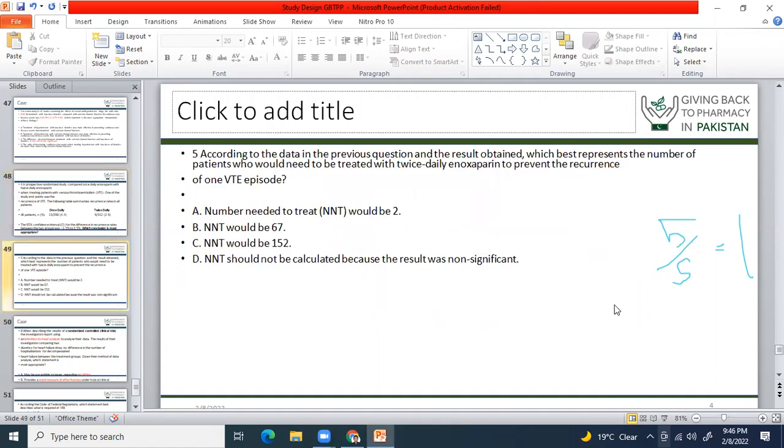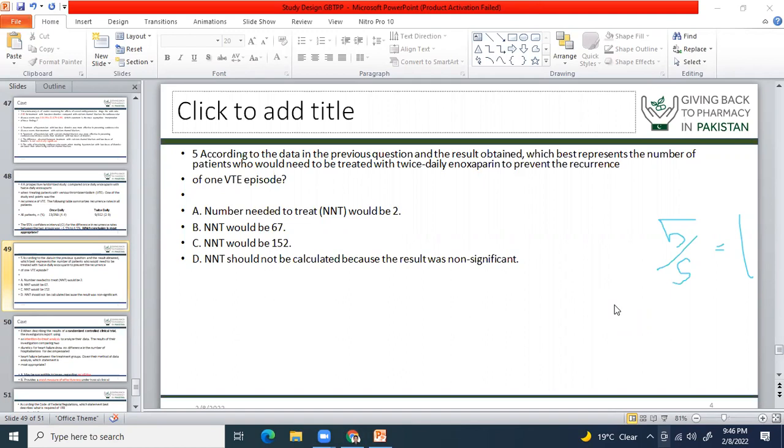According to the data in the previous question, the result obtained represents the number of patients who need to be treated with twice daily enoxaparin to prevent the recurrence of 1 VTE. So number needed to treat would be 2, NNT would be 67, NNT would be 152, or NNT cannot be calculated because the result was non-significant. Exactly.